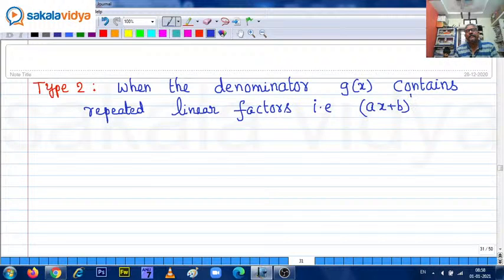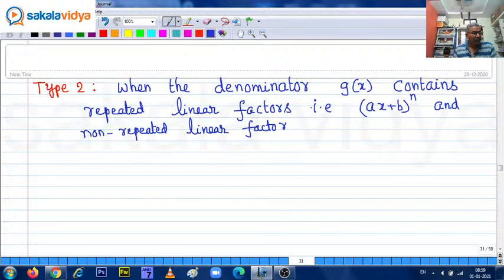Suppose ax plus b is the linear factor repeated n times. This is called a repeated linear factor, (ax plus b) to the power of n, and it may also contain non-repeated linear factors of the form px plus q.